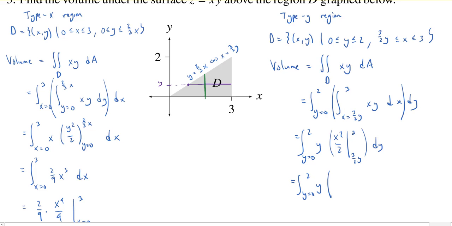When we evaluate it at 3, we're going to get 3 squared, which is 9 over 2. That's 9/2. Minus, now we evaluate this at x equals 3/2 y, which is, when we square it, going to give 9/4 y squared. Divided by 2 will be 9/8 y squared. Okay, and then we have a dy.